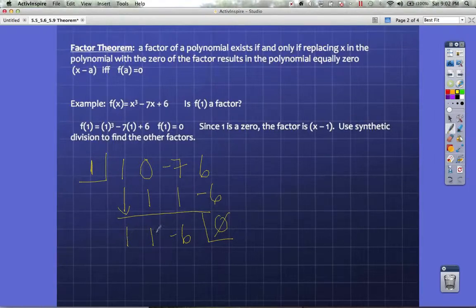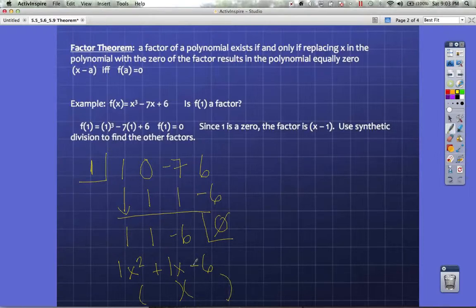Then when you write your polynomial, it is going to be 1 degree less than what you started with. We started with a cube, so we're going to end up with a quadratic at the end. So it'll be 1x squared plus 1x minus 6. Okay, and then you can factor this.